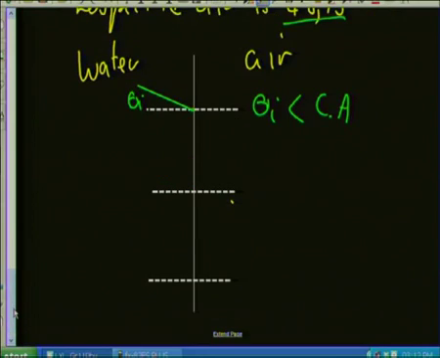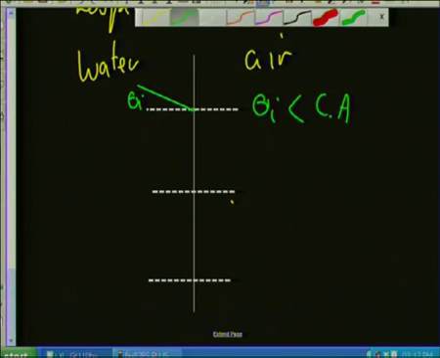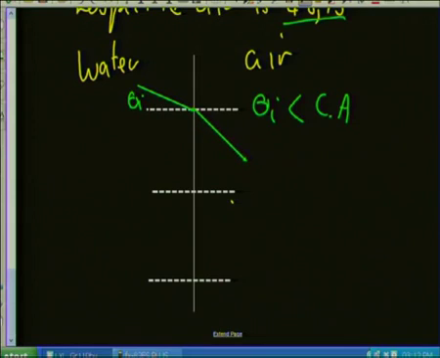What are we going to get? We're going to get refraction. It's moving from water into air. That means it's going to speed up when it leaves the water, and it's going to bend away from the normal, something like that. The angle of refraction on this side is going to be bigger than the angle of incidence. That's going to be the angle of refraction when we're moving from water to air.